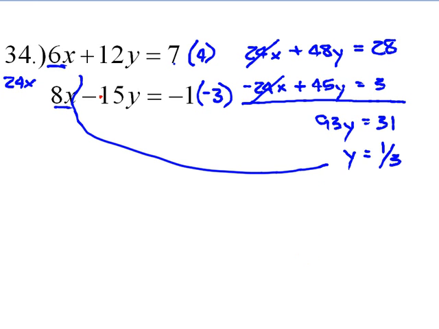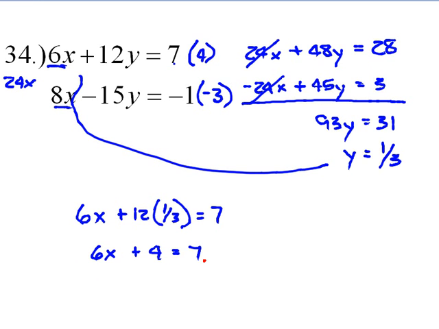Okay, we need to find x. So we have 6x plus 12 times 1/3. Oh, I thought that fraction was going to give us trouble, but it really doesn't. Equals 7. So we have 6x plus 4 equals 7.